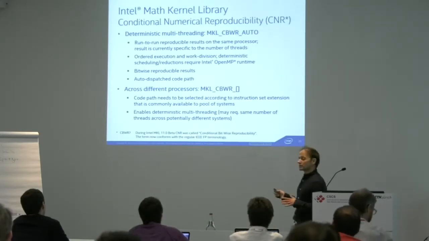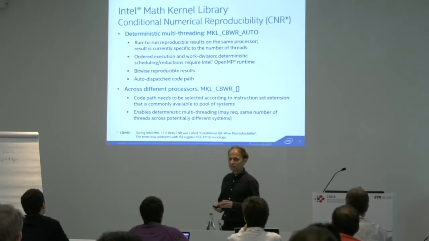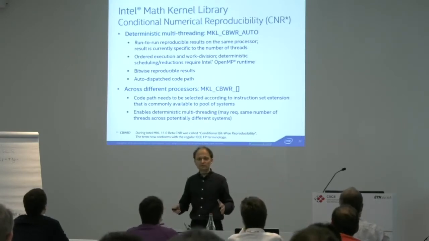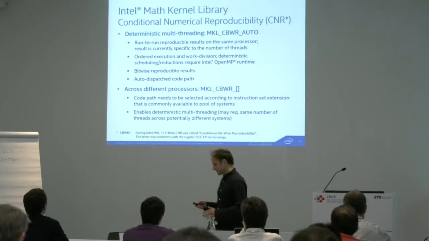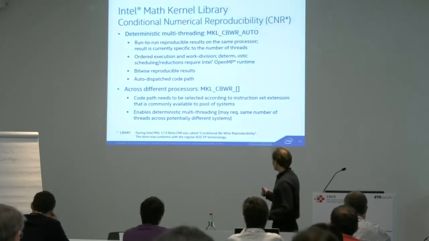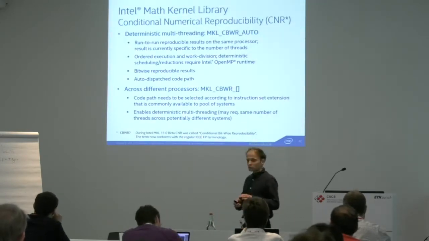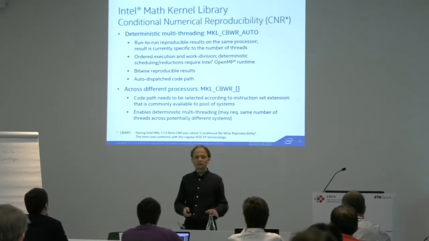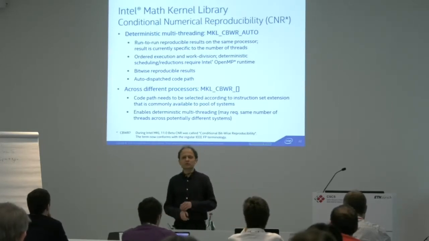For Math Kernel Library, you have additional measures that span multi-core reproducibility as well. You can cripple execution by also executing similarly on a heterogeneous set of systems, or CPUs, which is not really useful, I think.